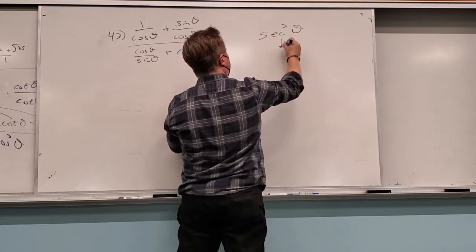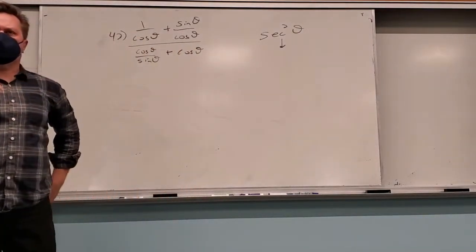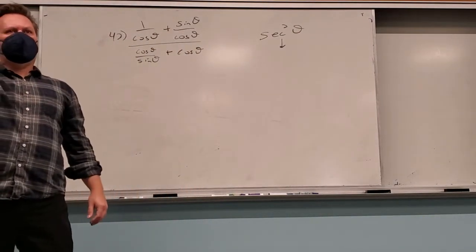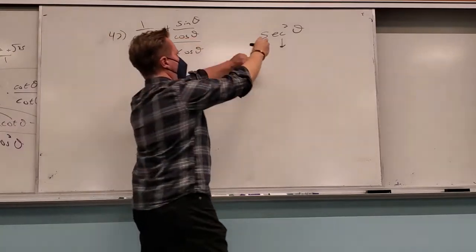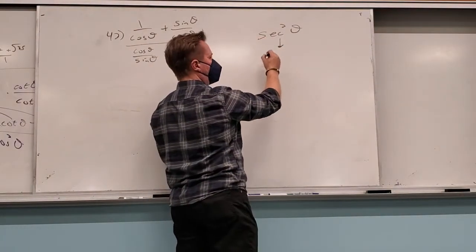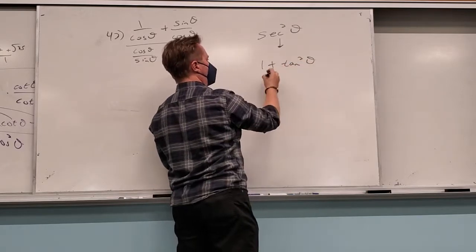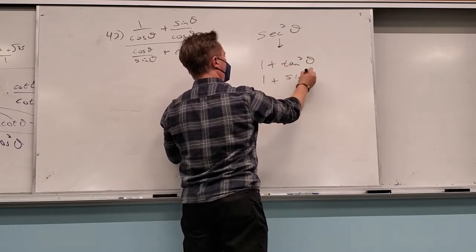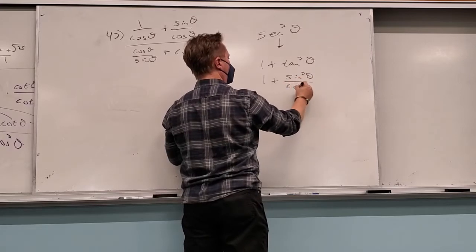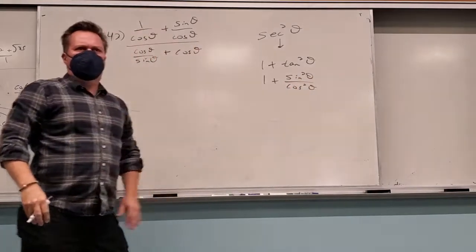Let's look at the other side. What is secant squared? What identity does that come from? Yes, 1 plus tangent squared. And isn't tangent squared sine squared over cosine squared? That's what tangent squared is. Are you guys with me?